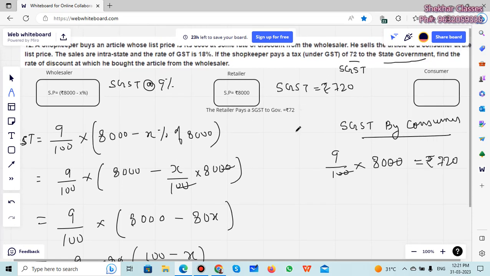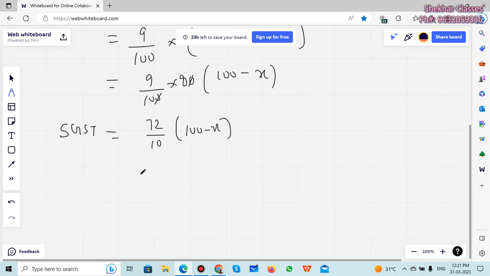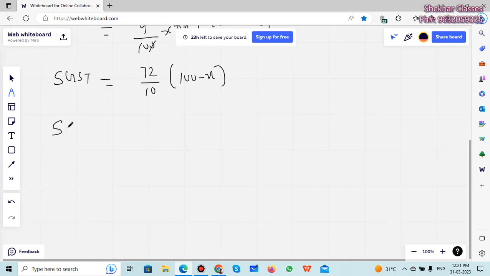So if we subtract this amount, I will write it here: what the retailer has got from the consumer, minus what the retailer has already paid to the wholesaler as GST.